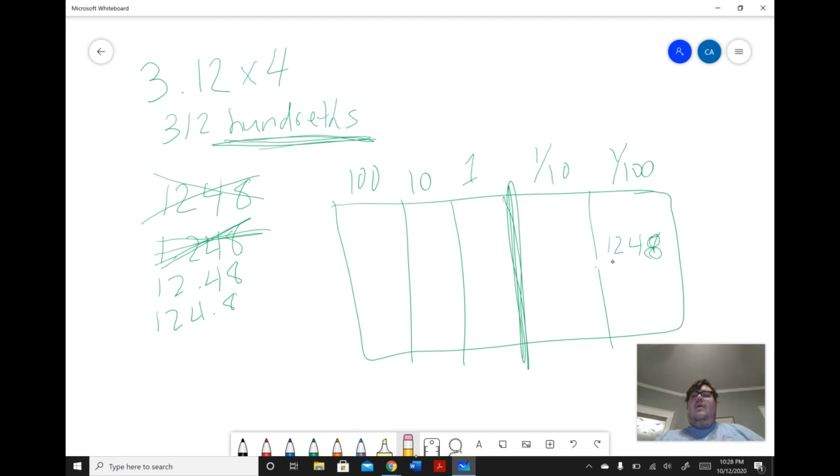So if we have 3 numbers, we need to move this 3 spaces, okay? 1, 2, 3. Okay. So it made sense for our estimation to be 12 and 48 hundredths.